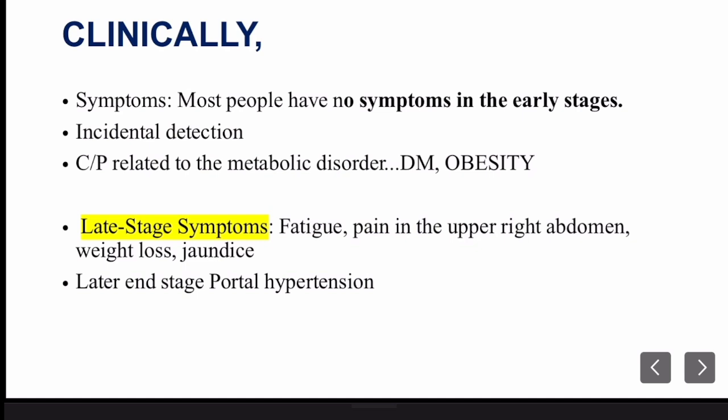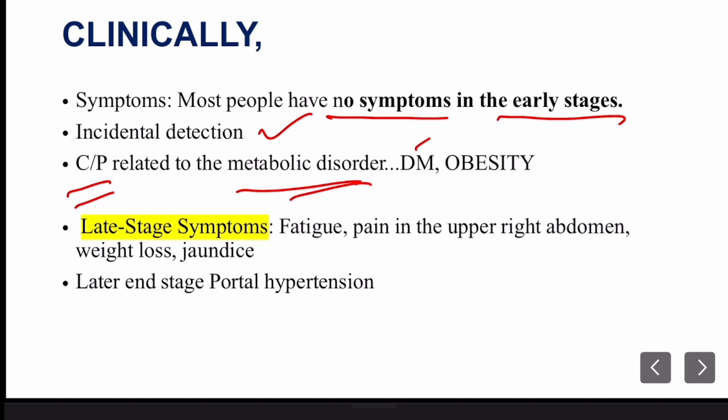Now, if we talk about the clinical aspects, the majority of patients have no symptoms, so it is also considered a silent epidemic. In the early stages, the patient has no symptoms, and mostly the patient has an incidental detection of this fatty liver on ultrasound. The clinical picture is related to the metabolic disorders, so whatever cardiometabolic risk factor the patient has, he or she will present accordingly.